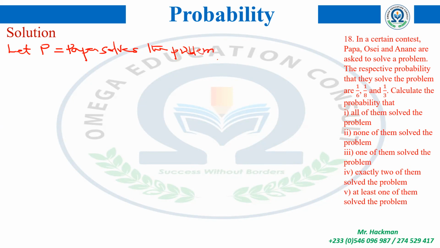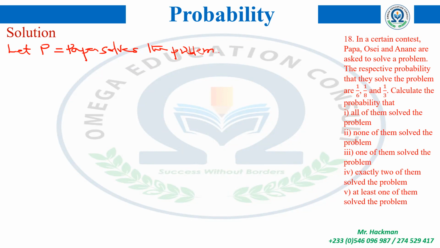Take note: Papa solved the problem. Please don't just write Papa. If you are going to extract the data in terms of probability, not in terms of numbers, because we're not given the numbers but the probabilities, then if you represent this one by Papa, it will be the probability of Papa, which doesn't make sense. So make sure your event makes sense.